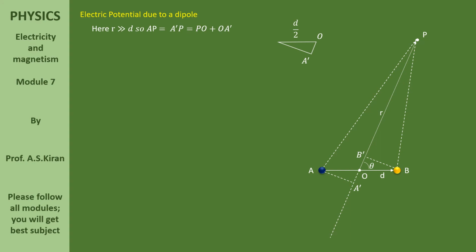Now, what is OA dash? That is simply d by 2 cos theta, the component.